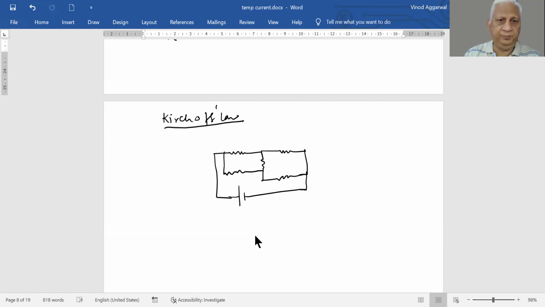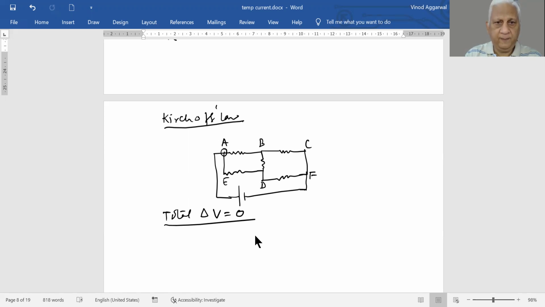Then what will happen? Suppose these are points A, B, C, D, E, F. If you start from one point and come back to the same point by any route, the total potential difference will be zero.